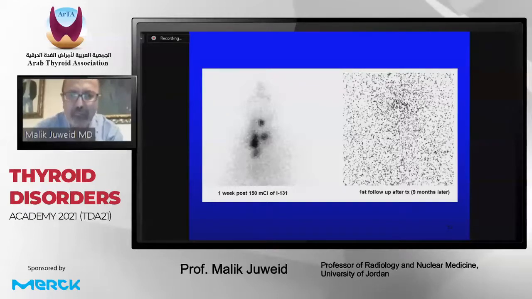And following treatment, 9 months following treatment, you do not see any uptake in that region. So this, in combination with normal thyroglobulin and normal ultrasound, would give the patient an excellent response designation.